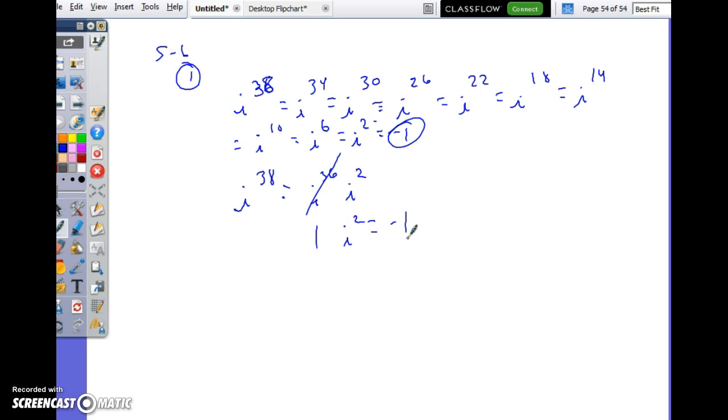Add 4 each time, you'll get there. Right, so add 4. Let's try 4, we're going to add 4. Negative i, baby. Just divide 4 and either 1.